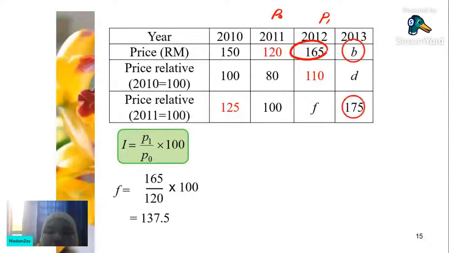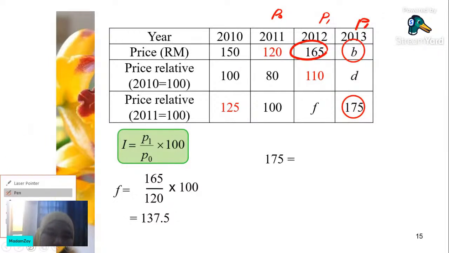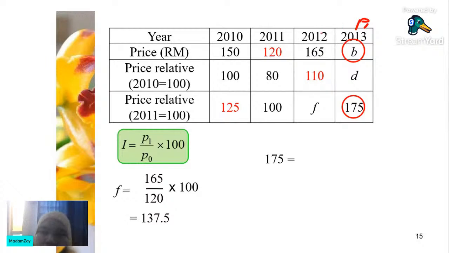How about B and D? For B, here we compare with the price relative of 175 with 2011 as the base. B is the price, which is P1, because we want to find the index with base year 2011. And P0 is 120, because the base is 2011.